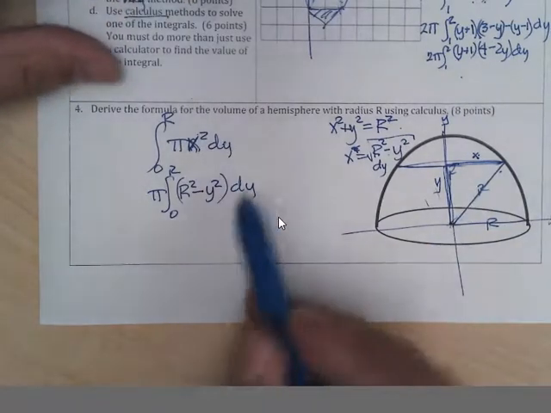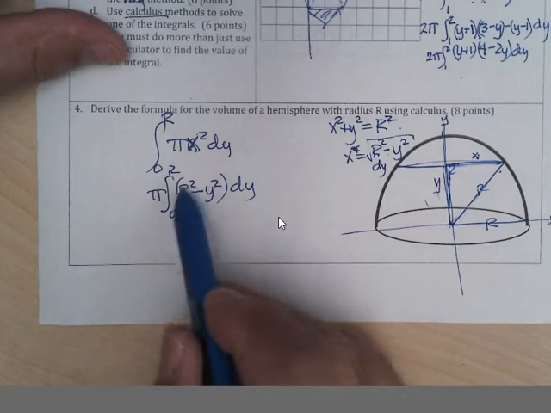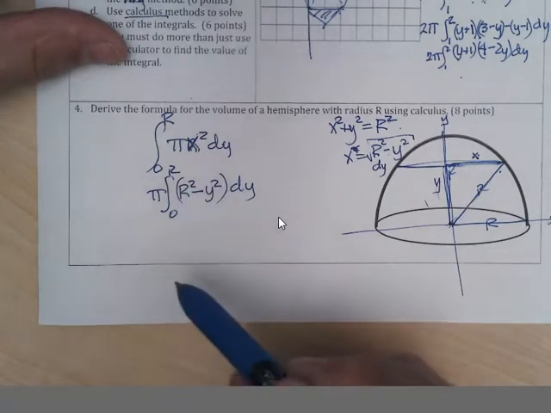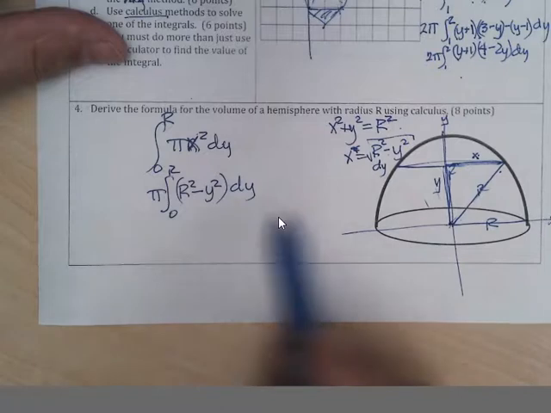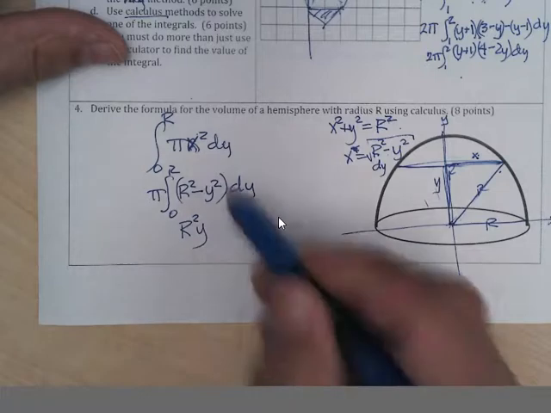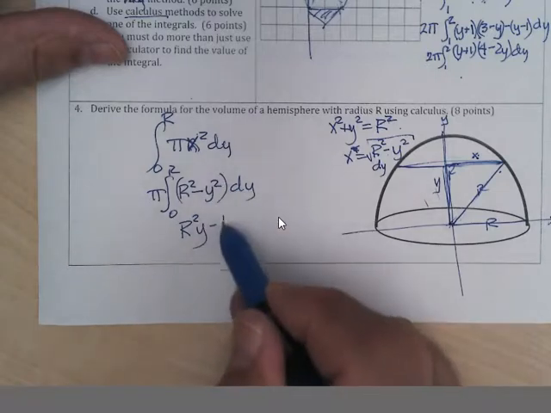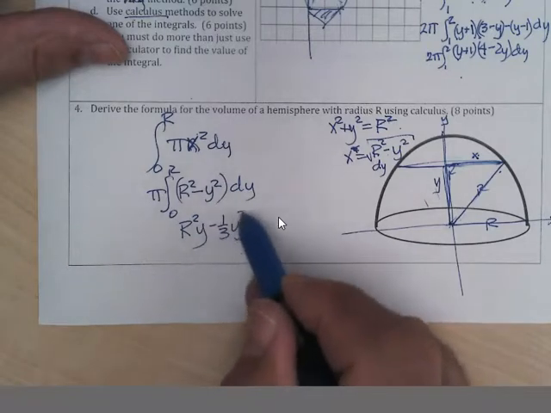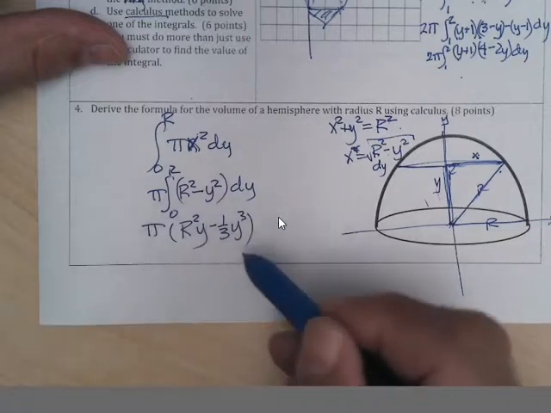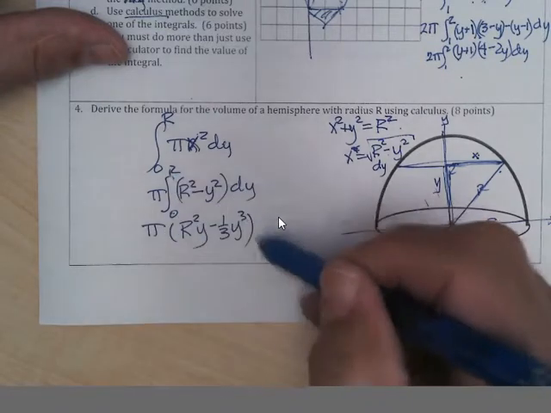All right, let's finish this up. R squared, don't fall for r squared being a variable. It's not. It's a constant. It's the radius. So if I integrate r squared, it's r squared y. If I integrate y squared, I get minus 1/3 y cubed. All of this is times pi, and we're evaluating from 0 to r.